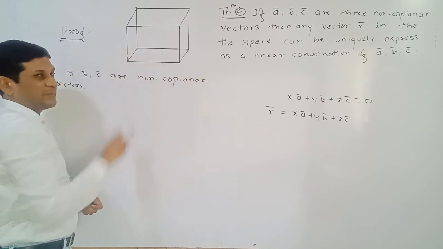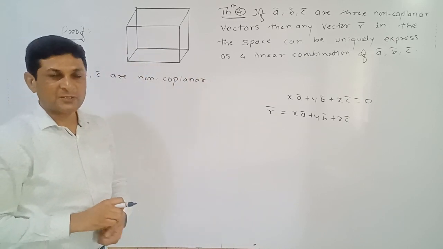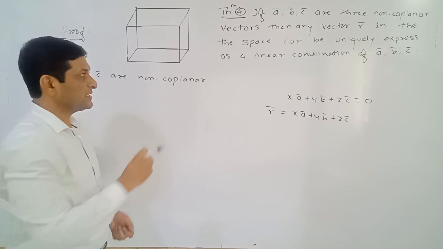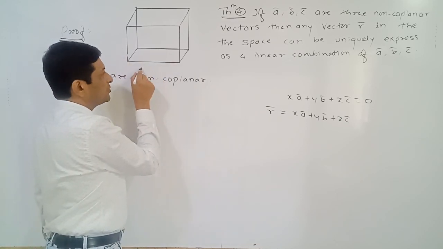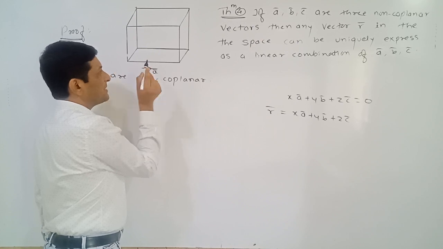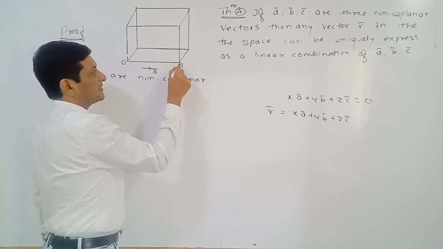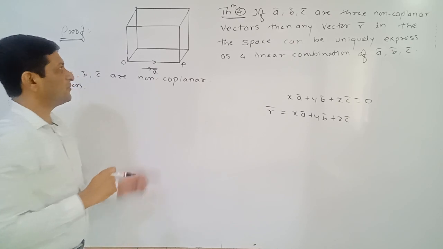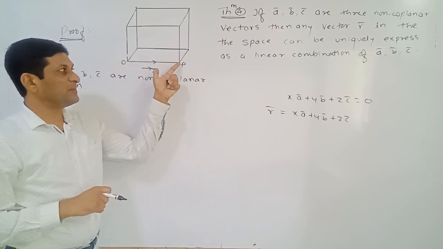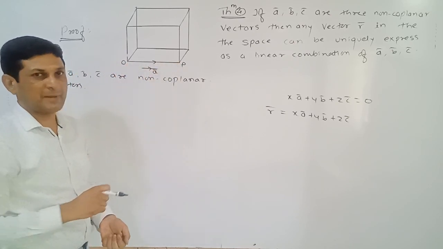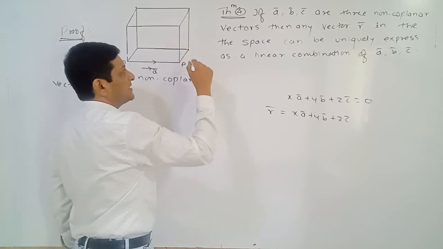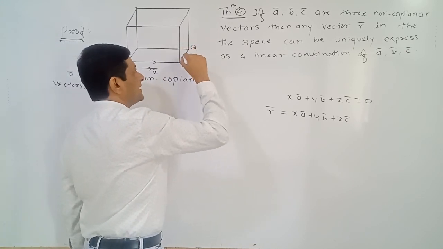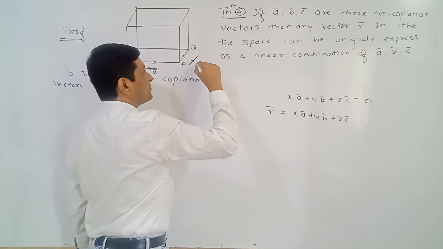For that purpose, we are making use of a parallelepiped. So construct a parallelepiped such that one edge, let us denote it by OP bar, is parallel to A bar. Another edge, say PQ bar, is parallel to B bar.